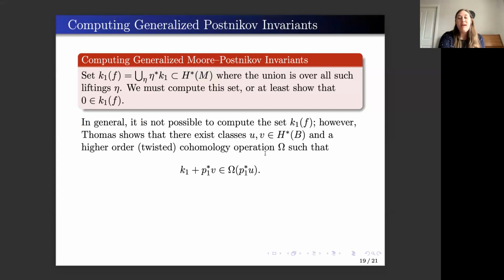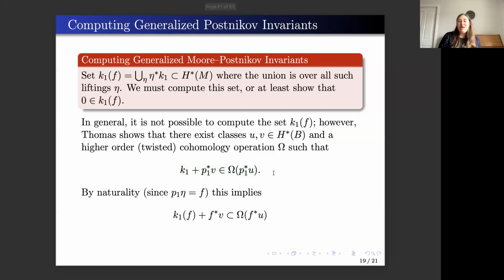I'm running a bit out of time, but I just wanted to mention that there exists this really high-tech theory developed by Emery Thomas, where he basically says that there exist these mysterious classes in the cohomology of B, the base space of the fibration, and some kind of magical higher order twisted cohomology operation such that this holds.